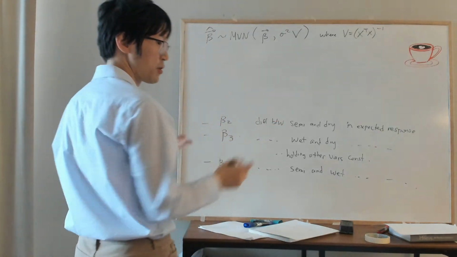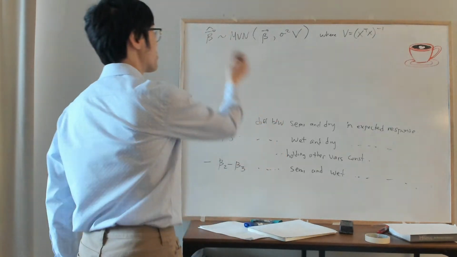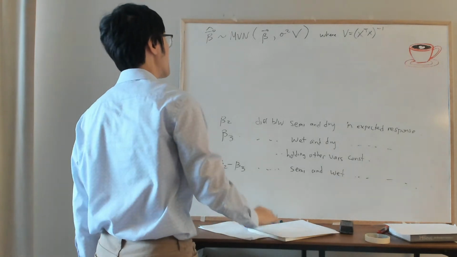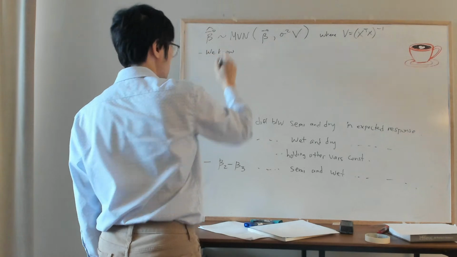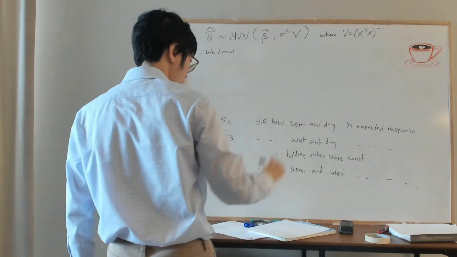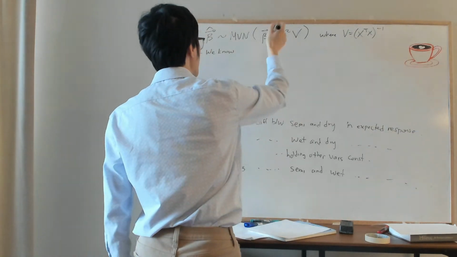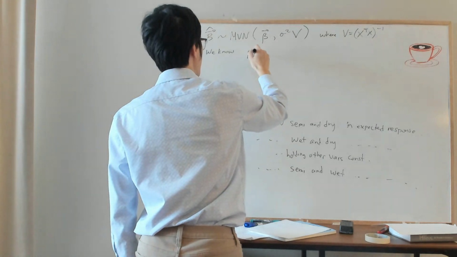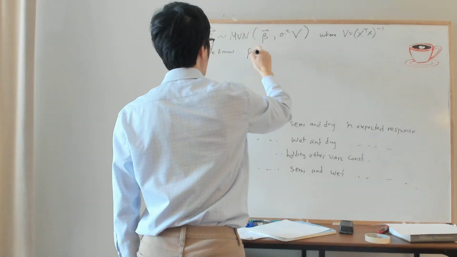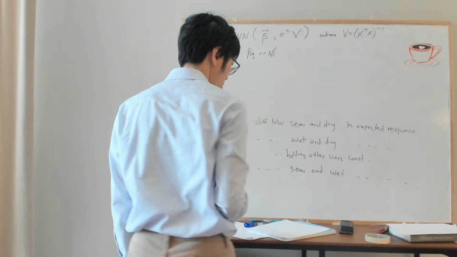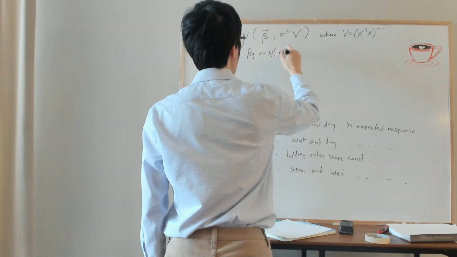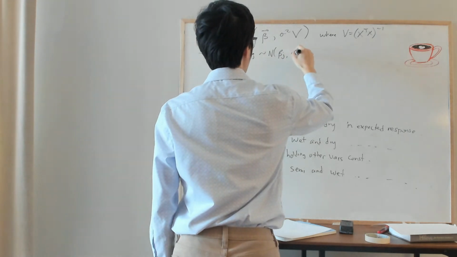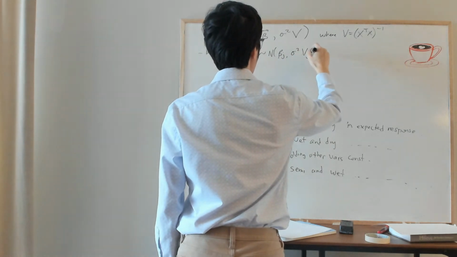Okay, so as we already described when we talked about this derivation, if we take an individual parameter, beta j hat, it's distributed as a normal distribution with mean beta j and variance sigma squared times v jj, right?